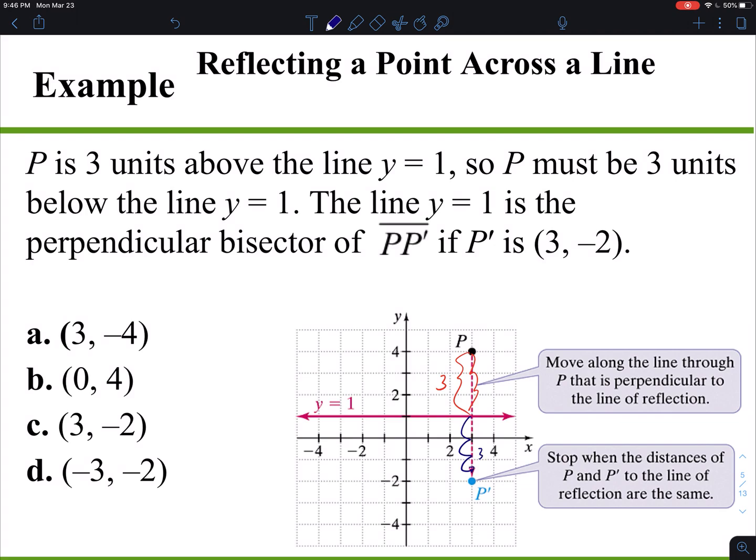Okay? So it's equidistant from the line of reflection. And if you notice here, the point is very easy to read for P prime. It's going to be what? (3, -2), right? Easy to see, right? Has to be.